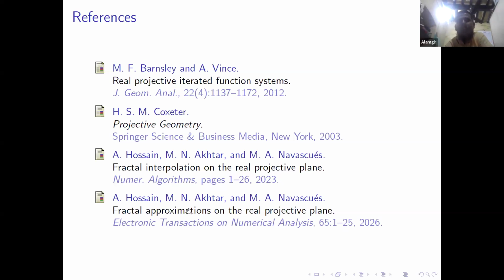And this is the article that I present here: fractal approximation on the real positive plane, which is published in Electronic Transactions on Numerical Analysis in 2026.